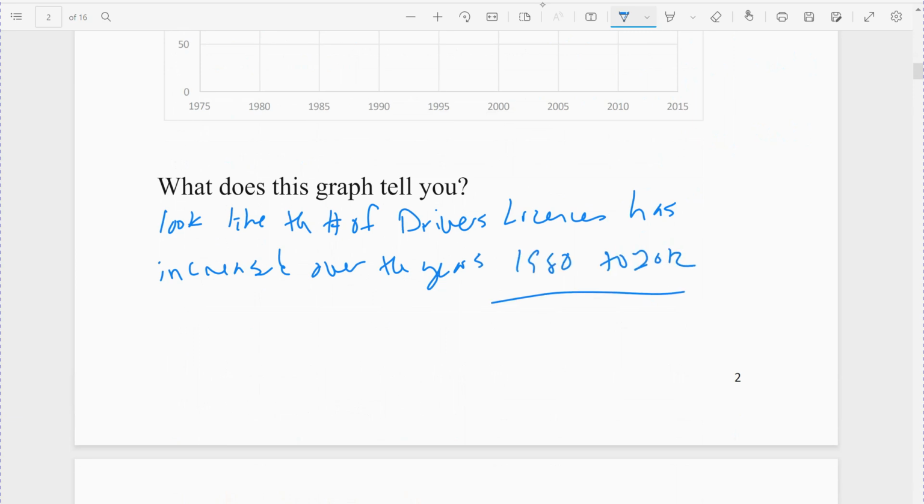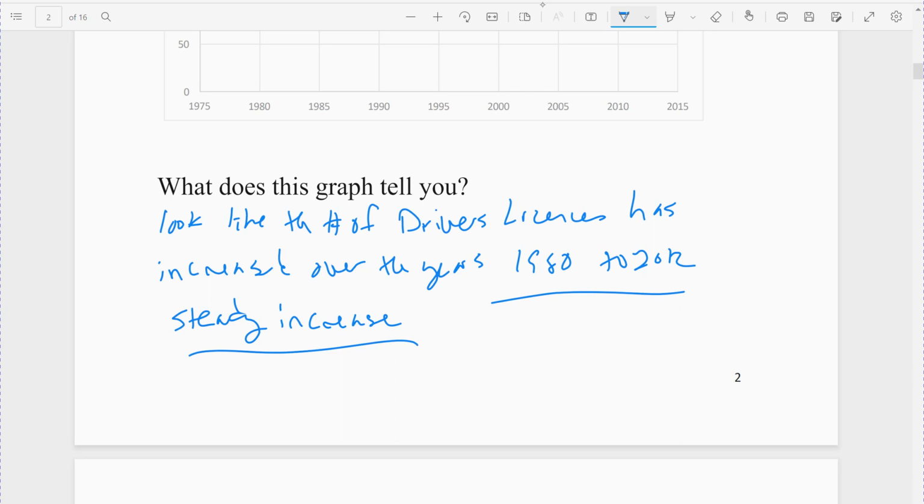Again, it looks like a pretty steady increase. You could say that it correlates over time: the number of driver's licenses has increased. That would be a pretty good correlation over time.